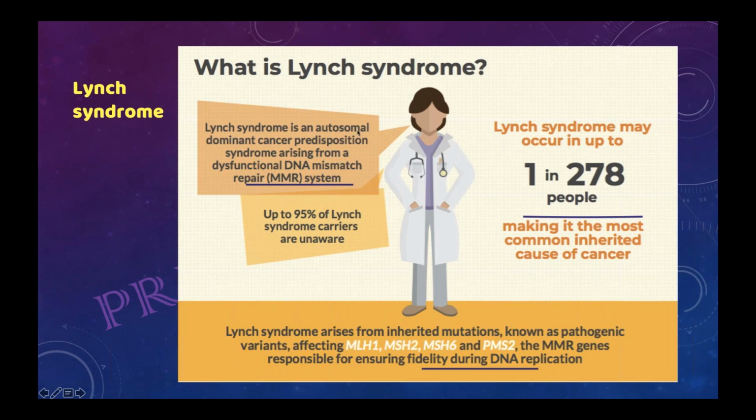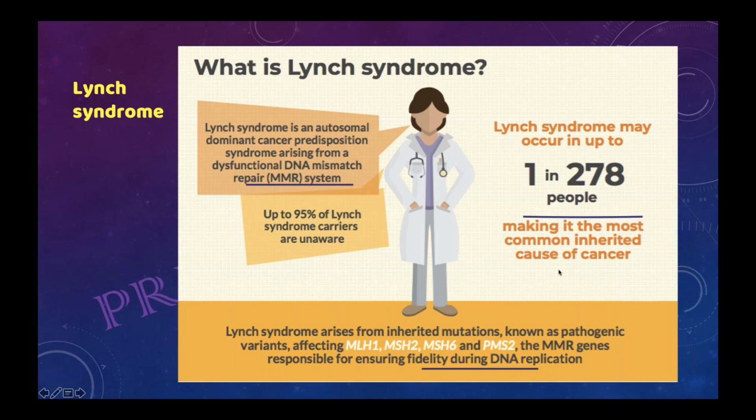Lynch syndrome is an autosomal dominant condition, so you have to remember this: an autosomal dominant condition for cancer predisposition. It arises from a dysfunction of the DNA mismatch repair system. So the problem is in the MMR, the mismatch repair system. You can get a question from here.